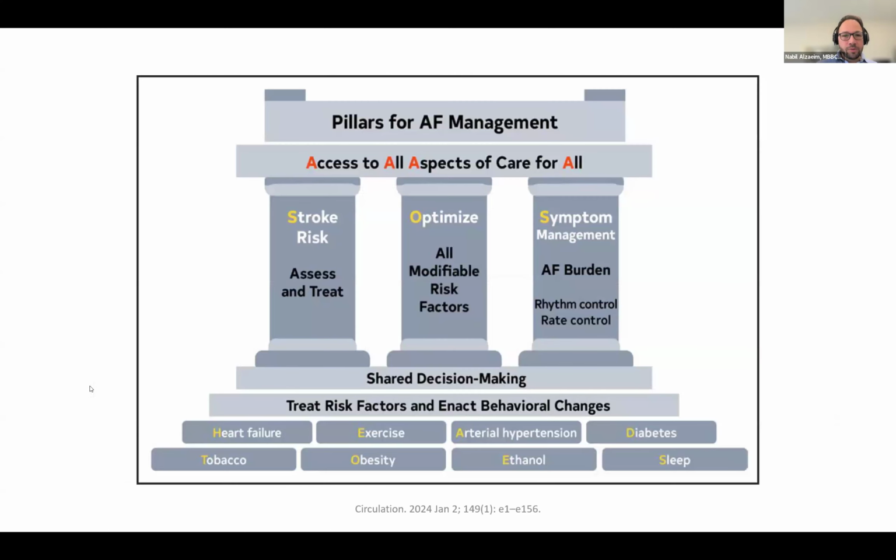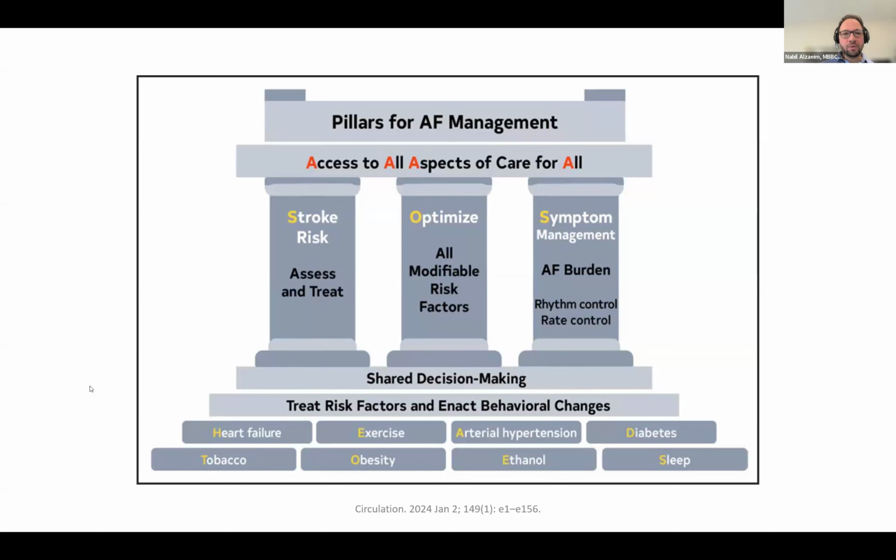This diagram from Circulation, from the guidelines published in January 2024, explains the major pillars of AFib management. Basically, we're talking about stroke risk, how to assess and treat it. We'll talk about the CHA2DS2-VASc score in the next slide.